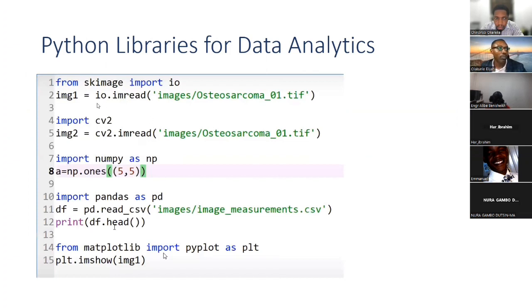Okay, so here's an example of some of the code in Python. You can see it's very straightforward. Let's say you want to import an image. You just import the library from skimage, import io, then io.imread. This imports your image into your Python environment. Similarly, with cv2, OpenCV, you can also import images.